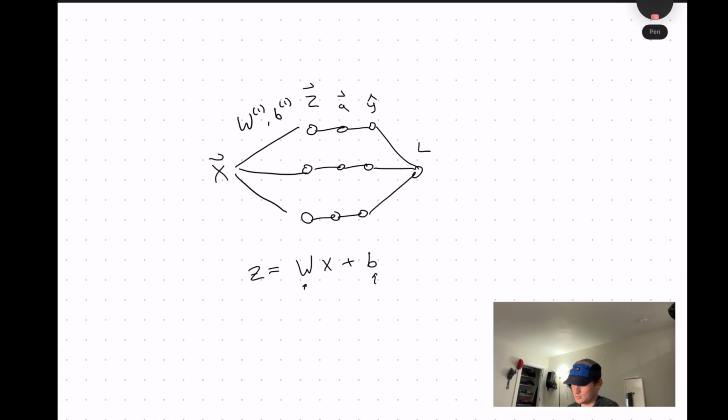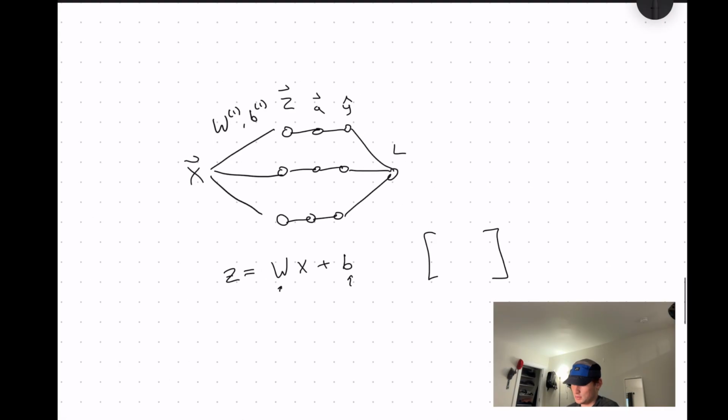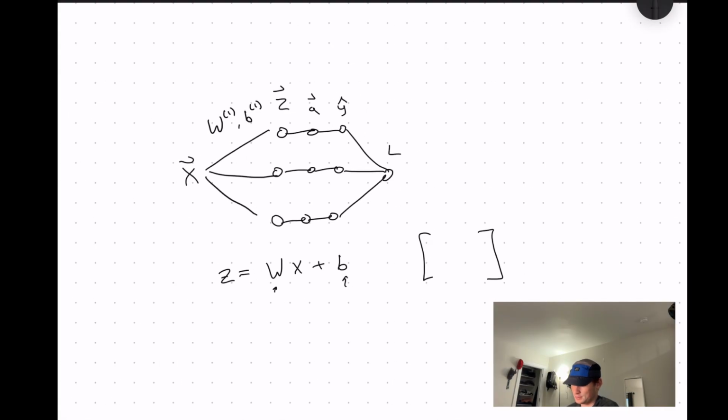W is, let's see, K is the number of classes, so I think it's n by K. Okay.